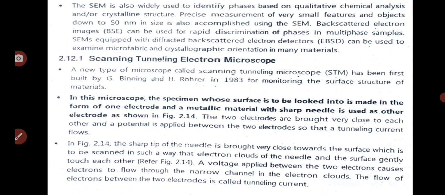So first of all we have two electrodes, and the voltage applied between them causes electrons to flow through a narrow channel in an electron cloud. The flow of electrons between the two electrodes is called the tunneling current.